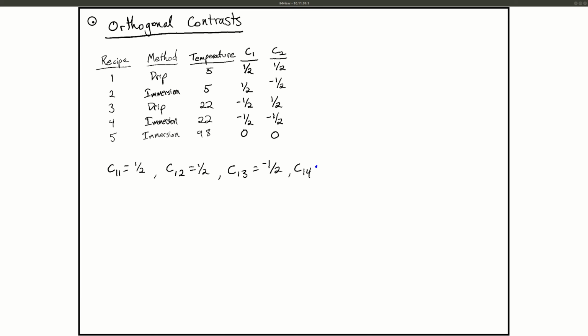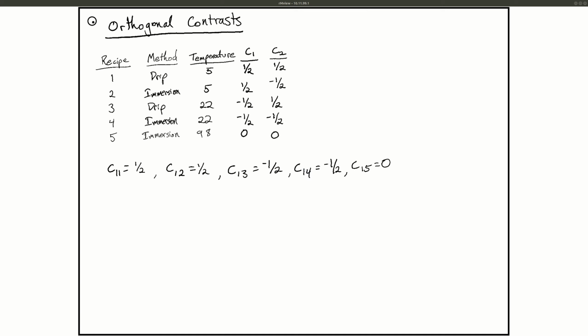C14 is negative 1/2. And then C15 is 0. So it's not C-fifteen or C-fourteen, it's C1,4. So the first number corresponds to which contrast we're interested in, and then the second number corresponds to which level of the factor, so in this case, which recipe.